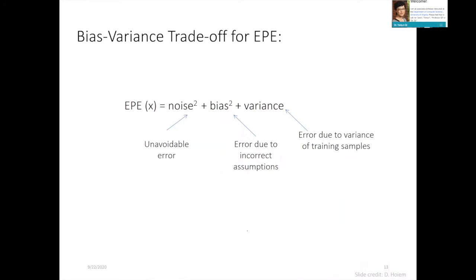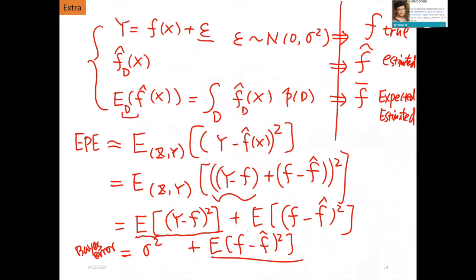Let's go on. This is my derivation, and you don't need to do it, but you actually can if you want. The most important thing here is a concept. I already told you, a very important concept is the f truth. We have a true function, and I'm trying to learn it.